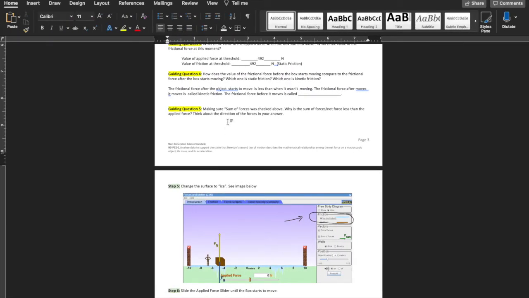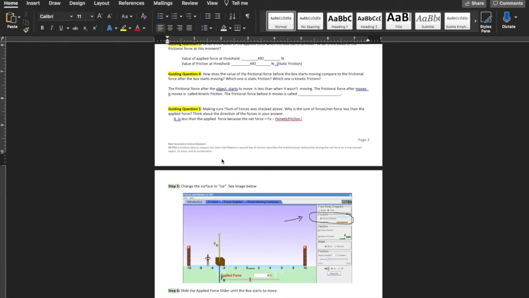Well, remember, whenever we have a vector diagram and we have two arrows pointing in opposite directions, we subtract, and two arrows pointing in the same direction, we add. So it is less than the applied force because the net force equals the applied force minus the force of kinetic friction.